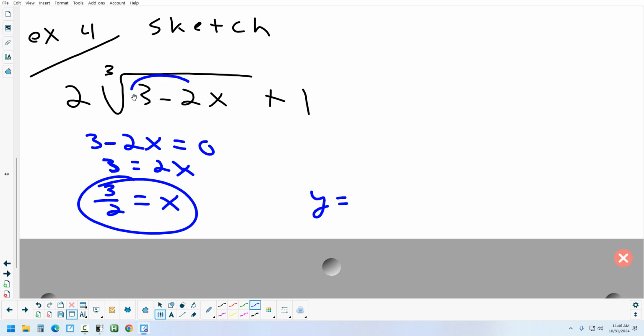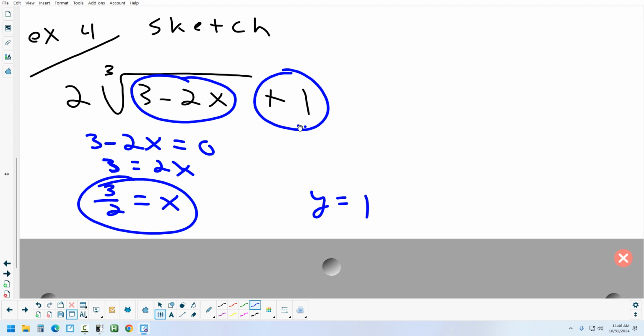So this better come out to 0 when you fill that number back in, or you did something wrong. Okay, so we got 0. What's the cube root of 0? 0 times 2? Still 0. Plus 1? 1. So really, that number right there is the y value. Because this whole part is always going to be a 0. So that is our new point.